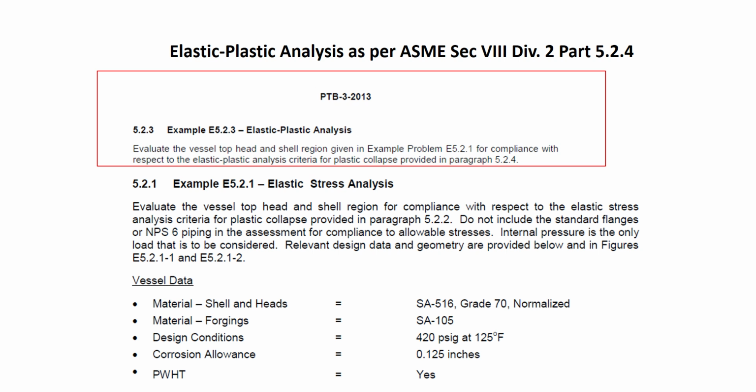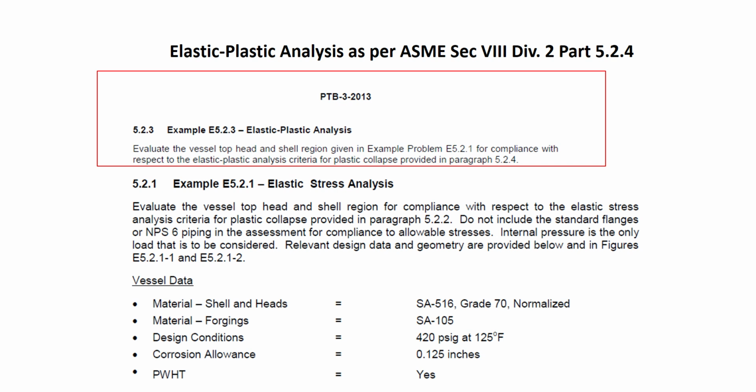So this is the extract from PTB3, wherein the problem number 5.2.3, elastic plastic analysis. We are going to solve the same problem we solved for the elastic analysis method with the approach of elastic plastic analysis, which is explained in Section 8 Division 2 Part 5.